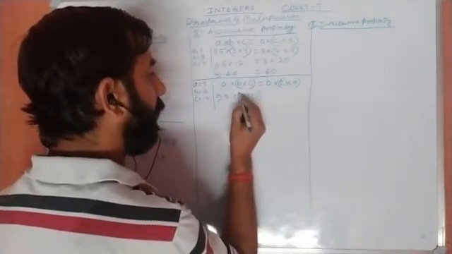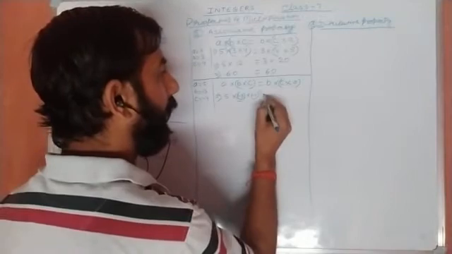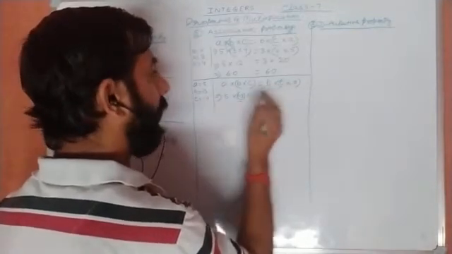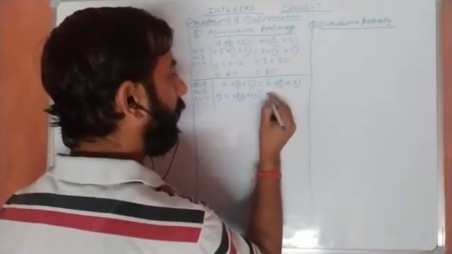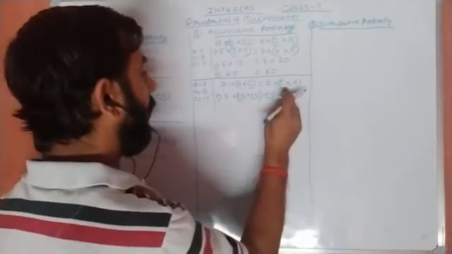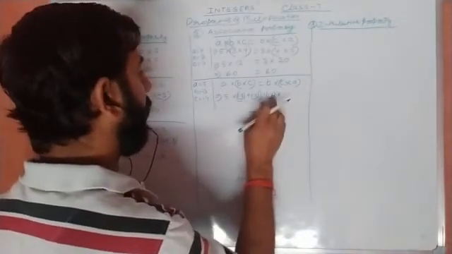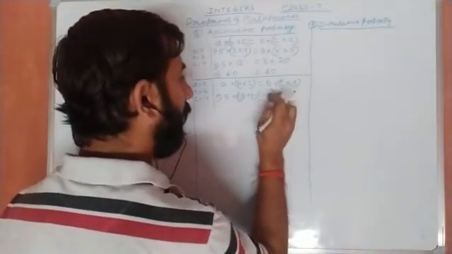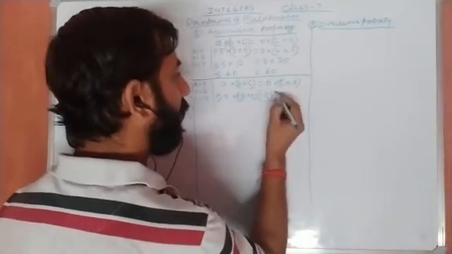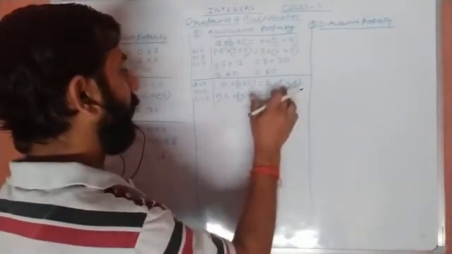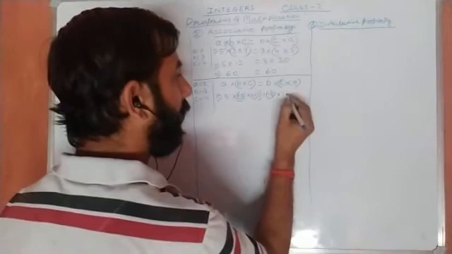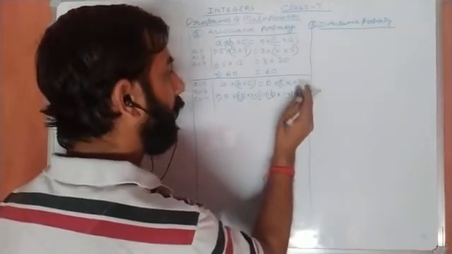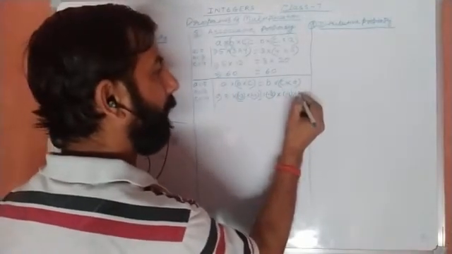We will put here a big bracket. Now B is minus 3, C is minus 4, into A. A is what? 5.